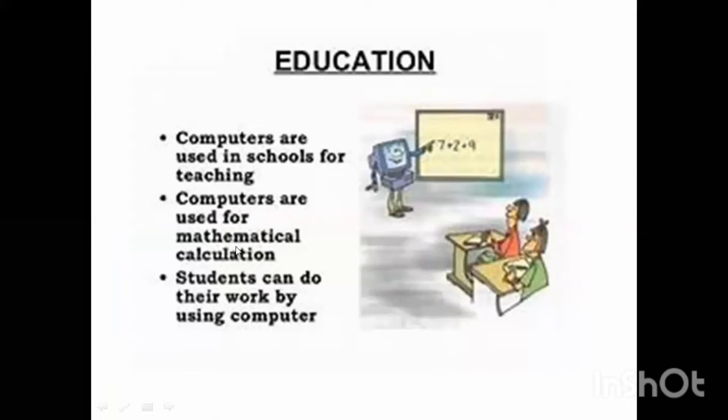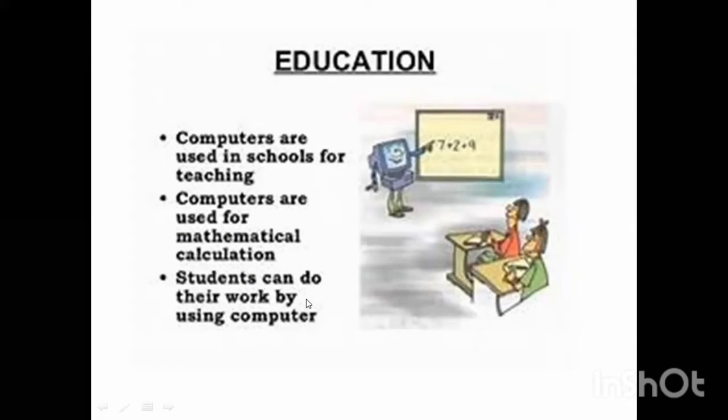Computers are used for mathematical calculation, maths. 7 plus 2 is equal to 9. You cannot see it nicely, but still there is 7 plus 2 equal to 9. You can do maths on your computer also.